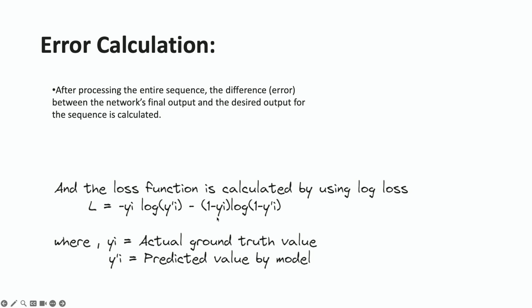And here we calculate the loss function. As you can see, yi is the actual ground truth value and y with hat is the value predicted by the model.